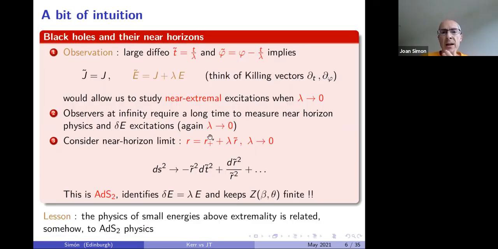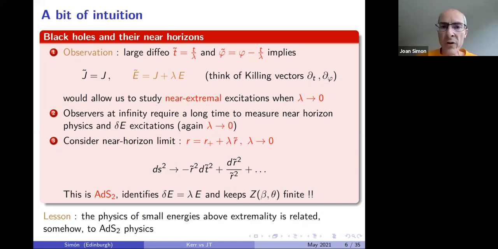And indeed, people in GR like Kunduri and Lucietti and many other people would tell us that the natural limit to take is to complete this large diffeo, but by defining r to be the outer horizon plus some small correction, because it depends on lambda, and then some new radial variable that measures the distance to the outer horizon.